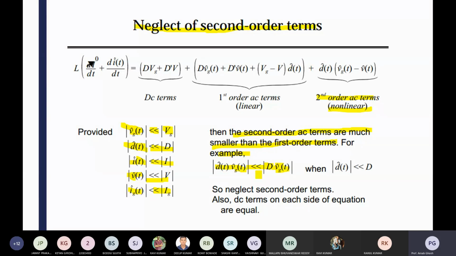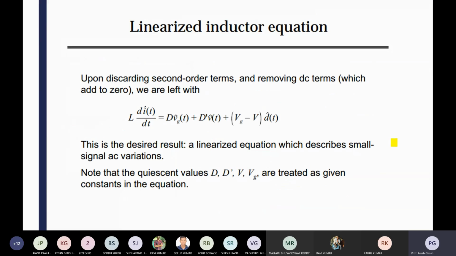So when mod of d cap is very much less than D, we can neglect the second order term. Also the DC terms of each equation side are equal. So these two components are equal, but the second order nonlinear term you can directly neglect. Then we are linearizing that equation, so finally we will get that expression.